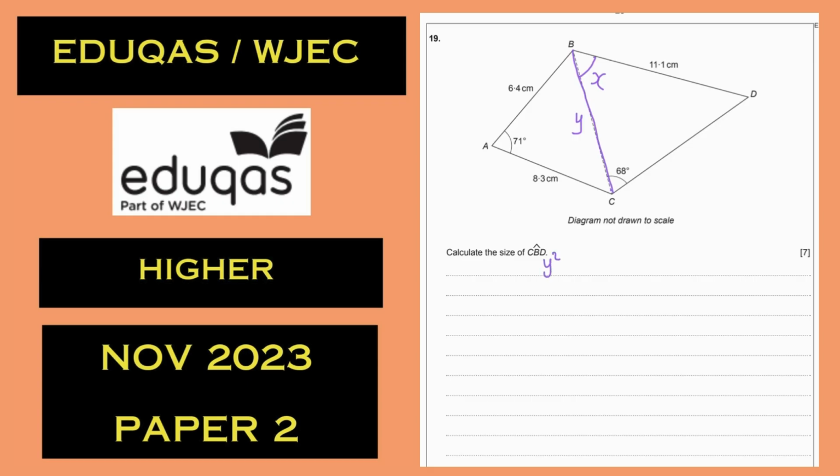Y squared will equal the 6.4 squared added to the 8.3 squared minus 2 BC times cos A, which is just the angle between them. It is coincidentally A here, but don't rely on their labels. It's not going to work over here when it's B, C and D, is it? So don't rely on their labels at all.